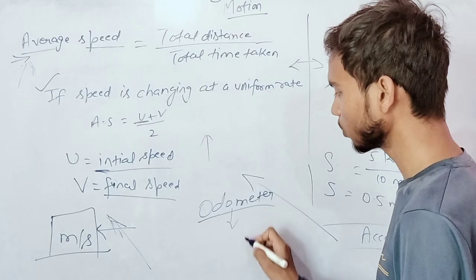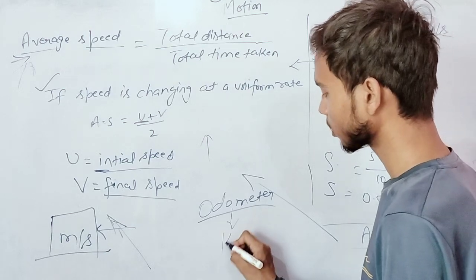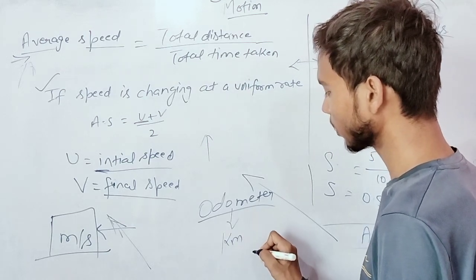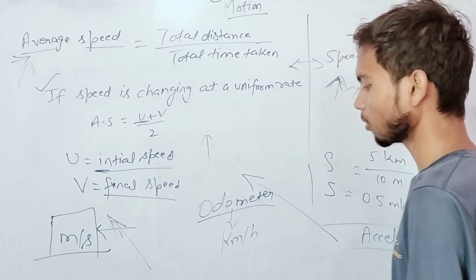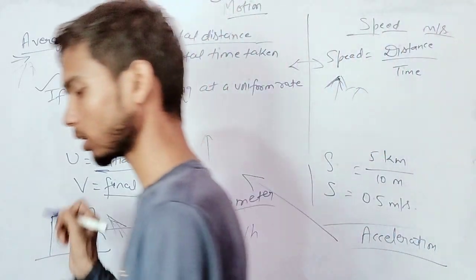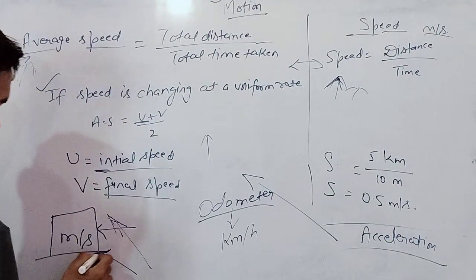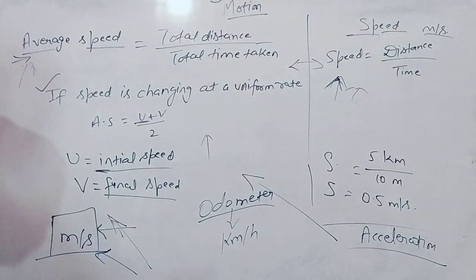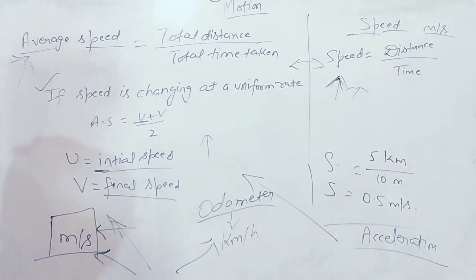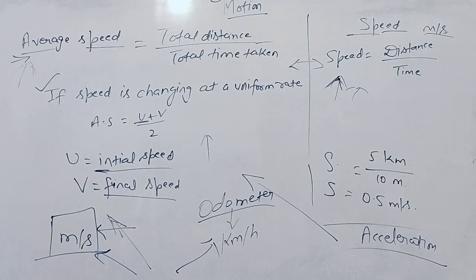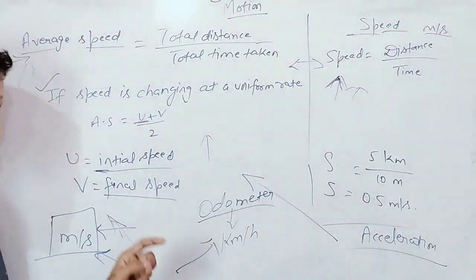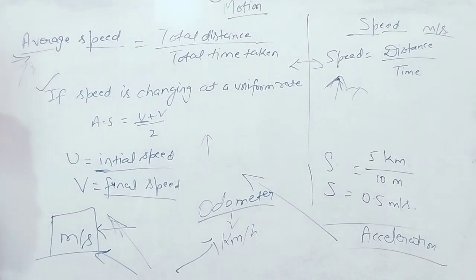So it will tell you with the unit of kilometer per hour. Okay, and this will be used always. We cannot change this at all, and also here we cannot change this at all.